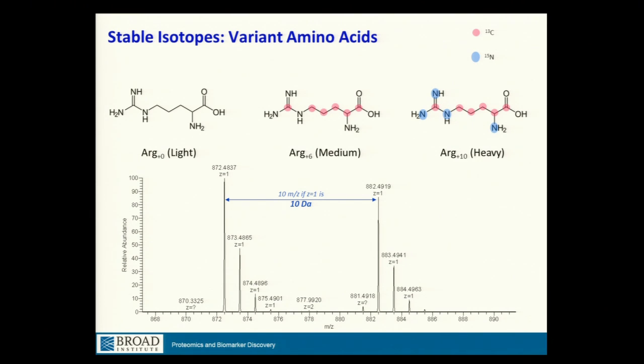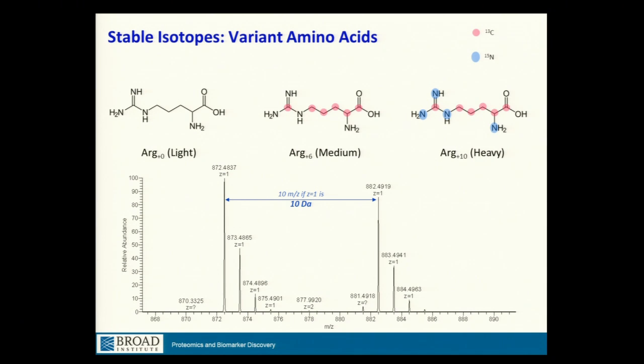Here's your normal structure of arginine, but if we turned all the carbons in this molecule into C13, we would get an arginine that was 6 Daltons heavier than the naturally occurring one. Or if we labeled not only the carbons but the nitrogens, then we would get something that was 10 Daltons heavier. So we can now have 3 different versions of arginine: light, medium, and heavy.